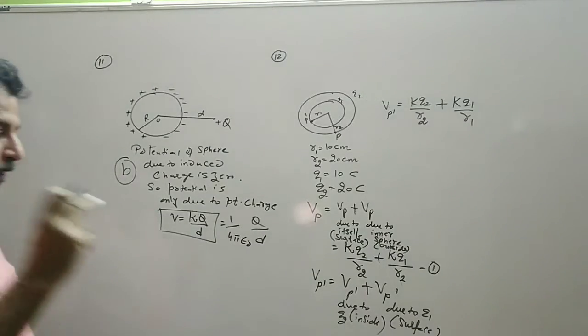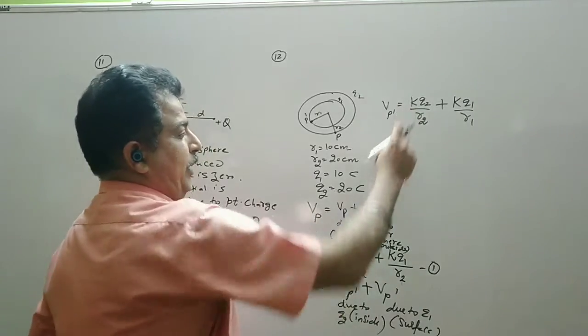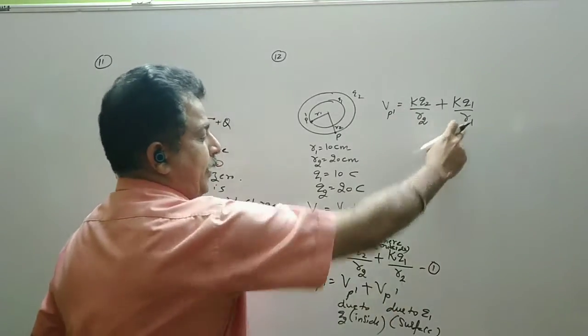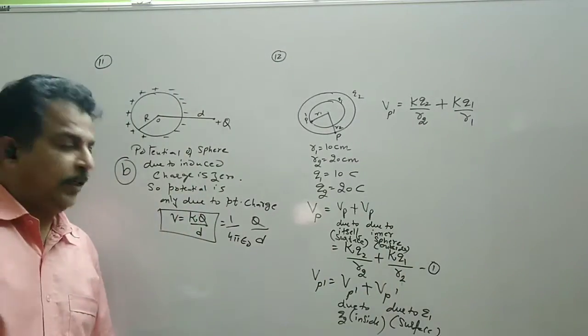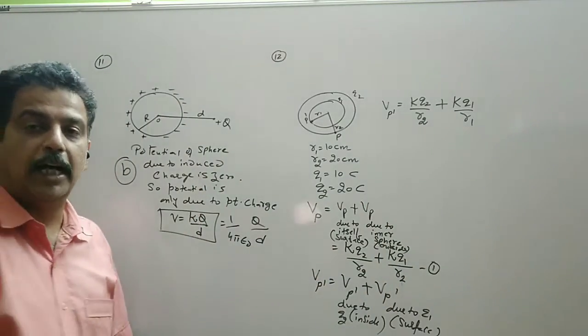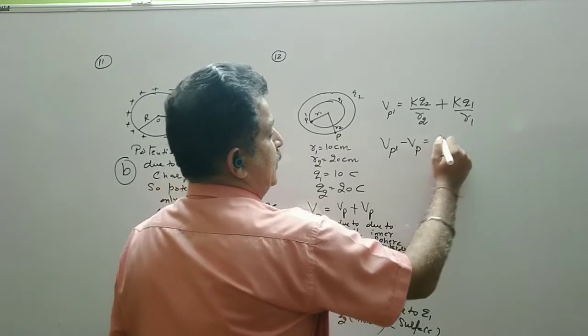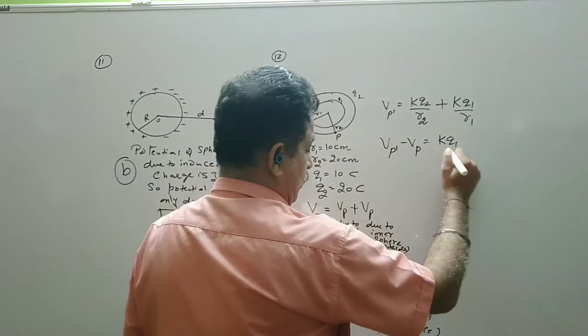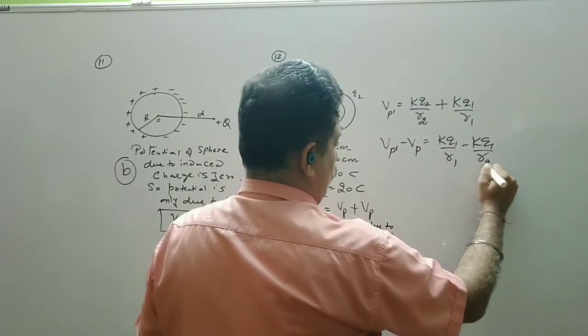Now if we compare this, you find that the KQ2 upon R2 terms are the same, so we depend on the radius. The inner radius is small, so the inner sphere in such a situation is always at a higher potential. So Vp dash minus Vp is equal to KQ1 upon R1 minus KQ1 upon R2.